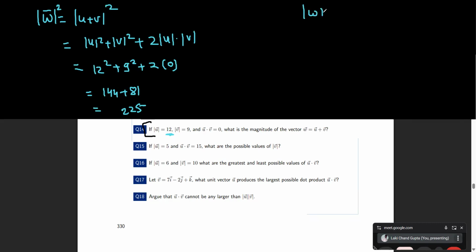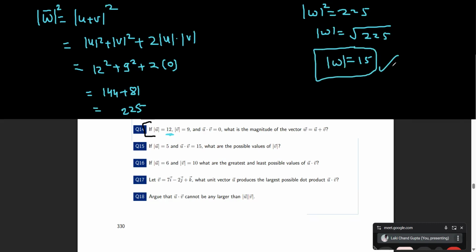So mod w square is 225. So w will be the square root, 15. Understood?